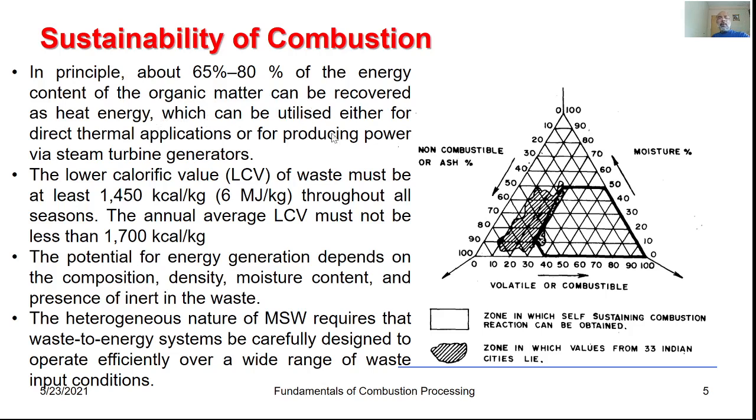However, the kind of waste that we will be proposing to burn in such a facility must have at least 1450 kilocalorie per kg energy value throughout the seasons. Also, this annual average must not be less than 1700 kilocalorie per kg.